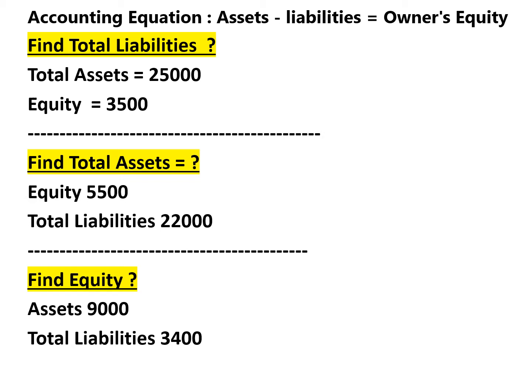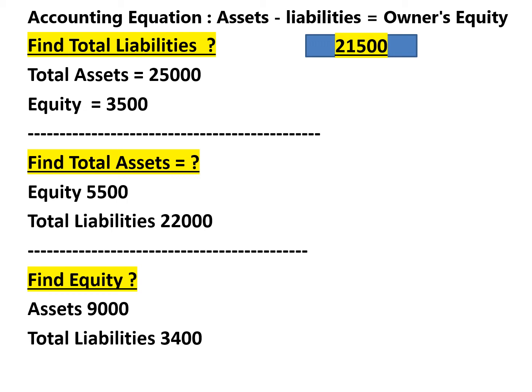If we have any two figures available, we can find the third one. In the first example, if total assets is equal to $25,000 and total equity is 35, we can find our total liabilities. So total liabilities here is 21,500.